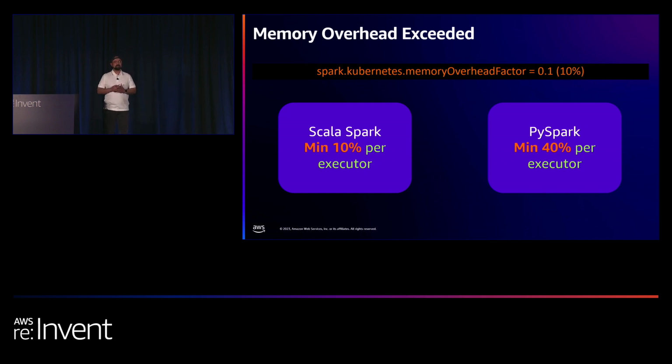By default, Apache Spark uses 0.1, which is 10% of memory, as the memory overhead factor. But that is OK for running Scala jobs or Java jobs. When you want to run PySpark jobs on Kubernetes, you need to give at least 40% of memory as the memory overhead factor to run PySpark jobs on a Kubernetes cluster.